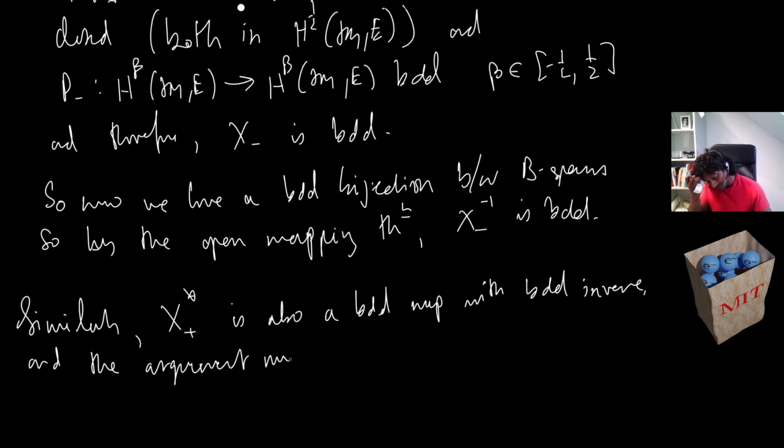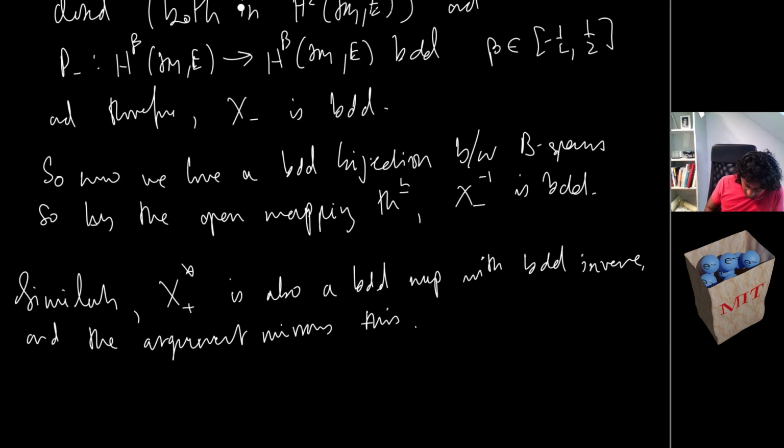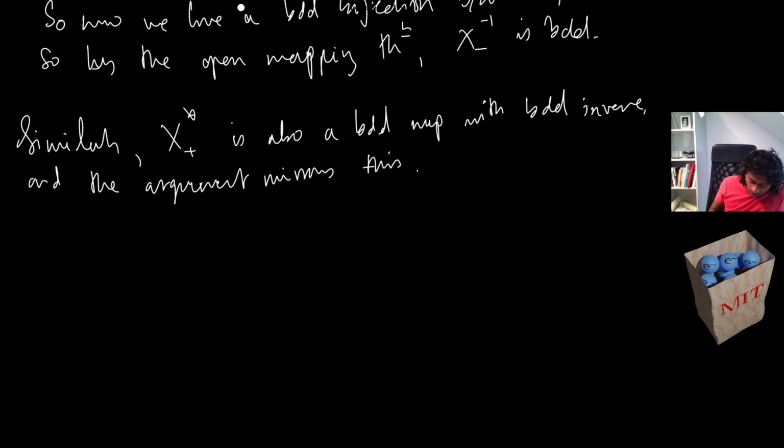Okay, so it's just upon replacing the relevant spaces with the relevant spaces. Okay, so now we come to the second point. So now we write that B is equal to the graph of G naught plus W plus.